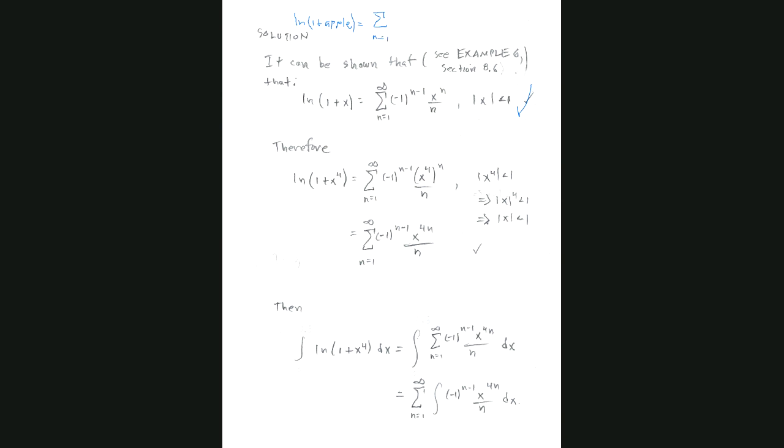So of course, this power series for the log of 1 plus apple would equal the sum from n equals 1 to infinity of negative 1 to the n minus 1 power times the apple to the nth power, all over n. I'm trying to write this the best I can. It's not easy.